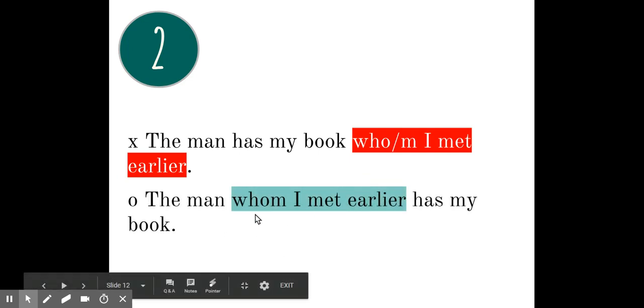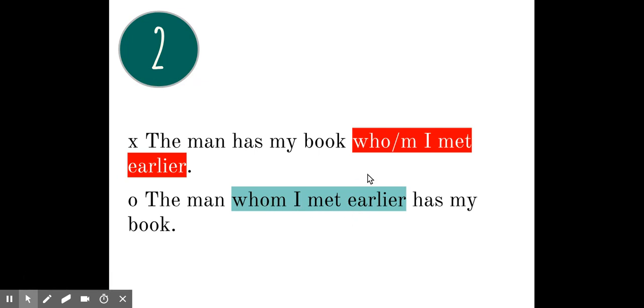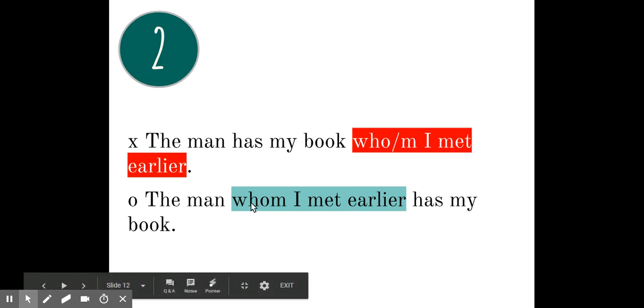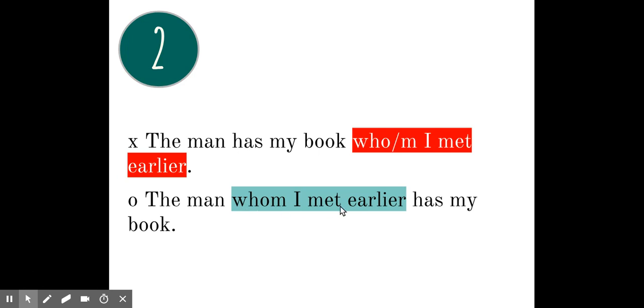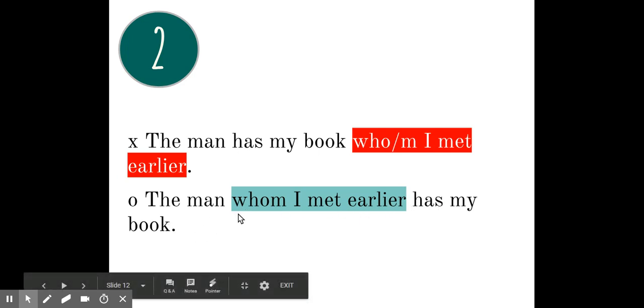So the man whom I met earlier has my book. Now, this is an example of whom because I met him, I being the subject, he being the object in this clause, so it's whom. Now, the man who I met earlier has my book is also okay in speech.